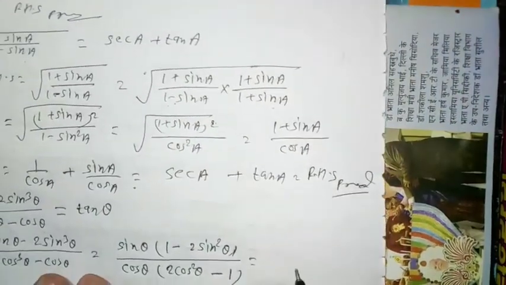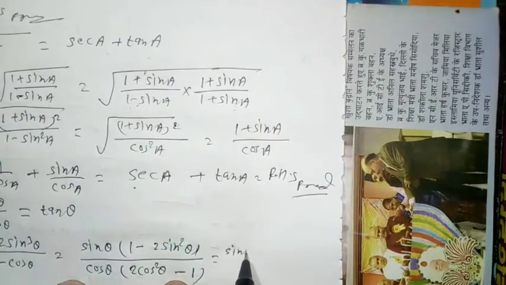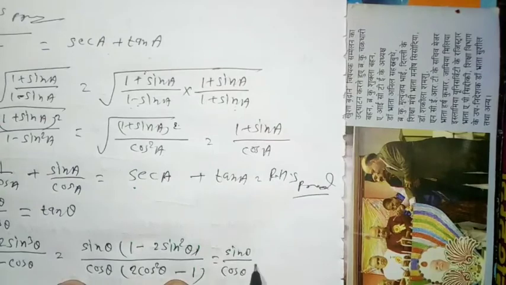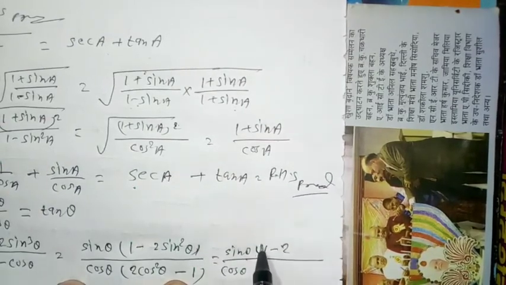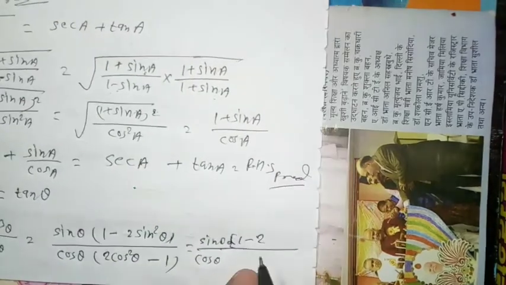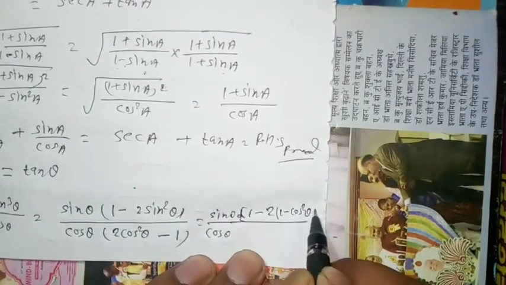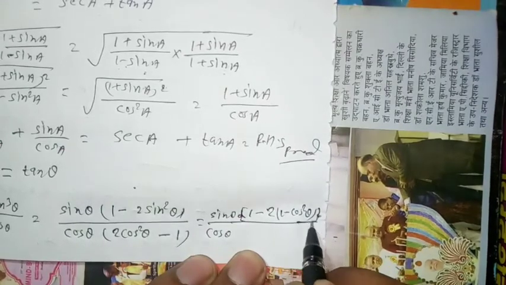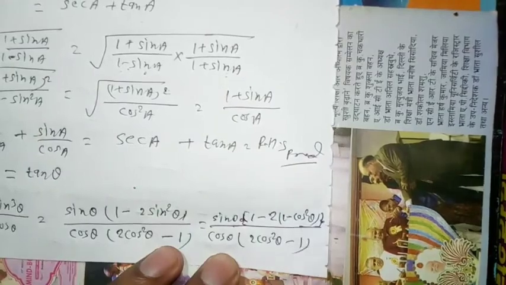is equal to sin theta by cos theta into 1 minus 2 sin square theta, and sin square theta is also 1 minus cos square theta, okay, by 2 cos square theta minus 1.